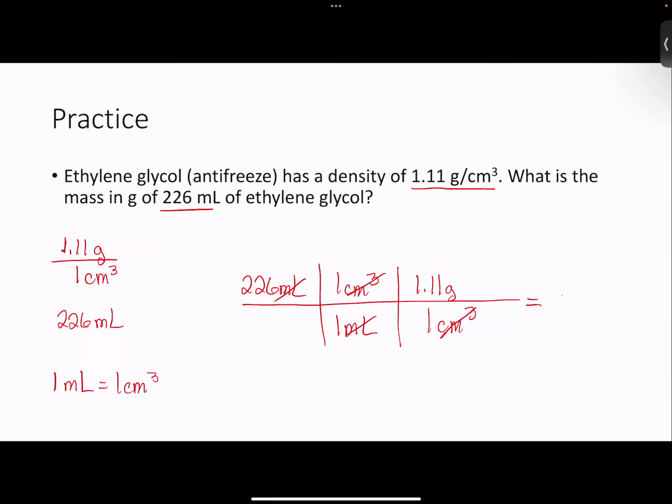And I get an answer of 251 grams. Questions?